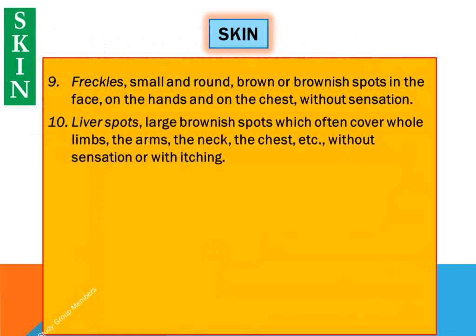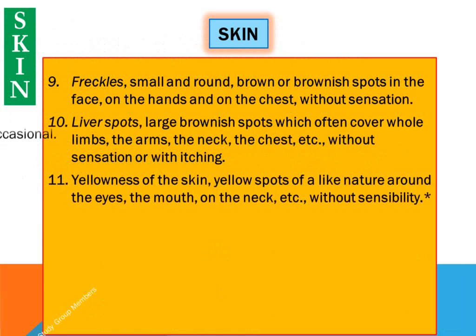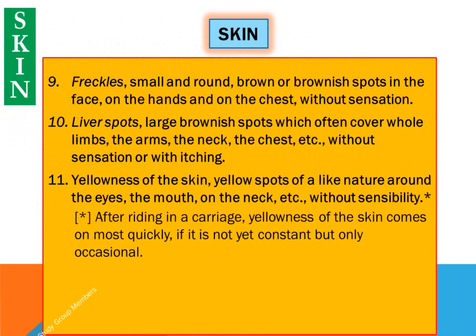skin diseases. Then freckles. Freckles are brownish melanin spots on the face. Then liver spots, they are also large brownish spots covering the limbs, arms and neck. Then there is yellowness of skin, yellow spots, like those around the eyes, mouth, neck.